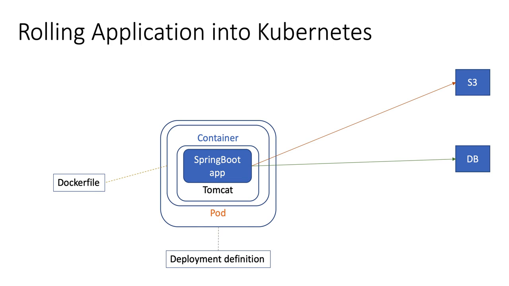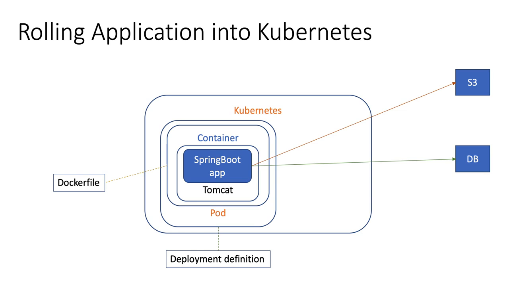So the deployment definition file, whether it's a JSON or a YAML, tells us how we are going to package or build this pod, which will have this container in it. So once we have this pod defined, then we are ready to put this pod in Kubernetes.